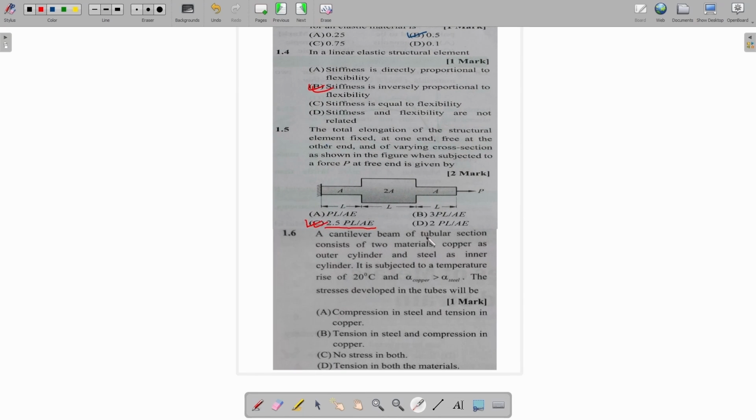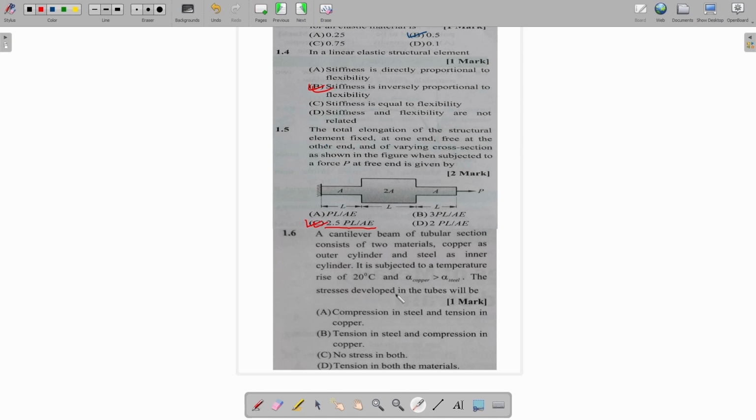A cantilever beam of tubular section consists of two materials: copper as the outer cylinder and steel as the inner cylinder. It is subjected to a temperature rise of 20 degrees Celsius, where the coefficient of thermal expansion of copper is greater than the coefficient of thermal expansion of steel.